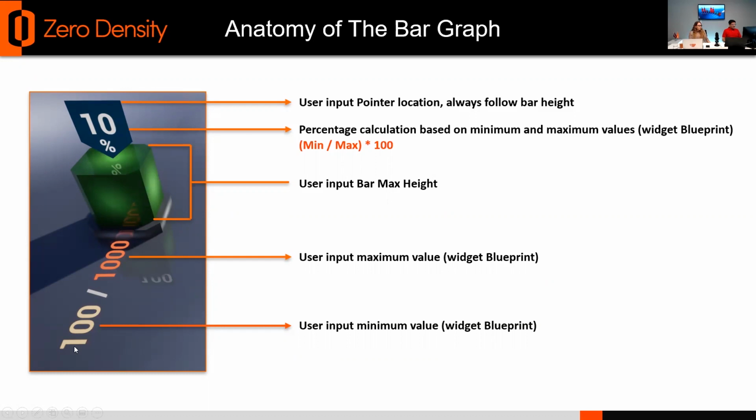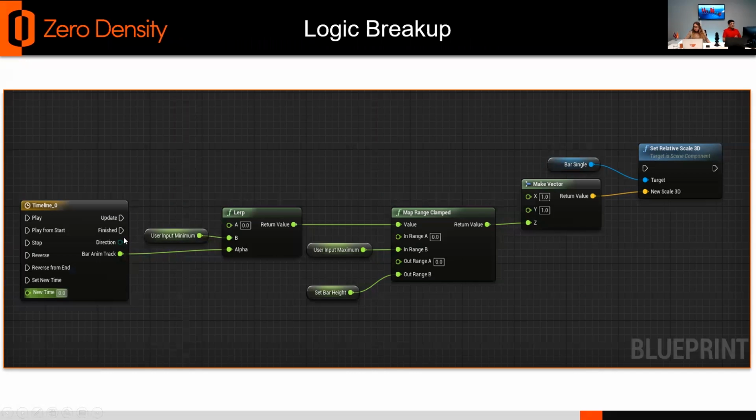So these are some basic steps that you can see of how I design the logic blueprint for these things. The next is the logic breakup. I will give you a very basic example. Let's say the user input minimum is 500 out of 1000.